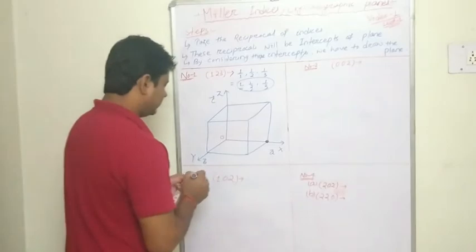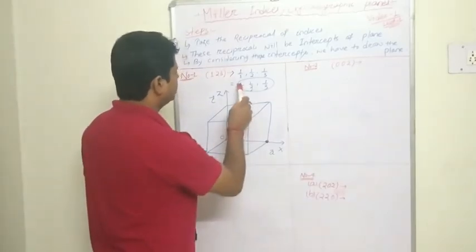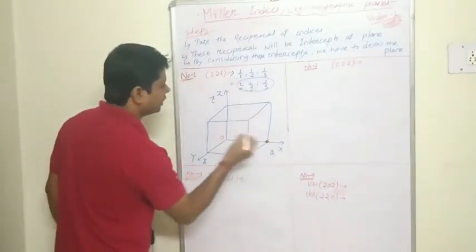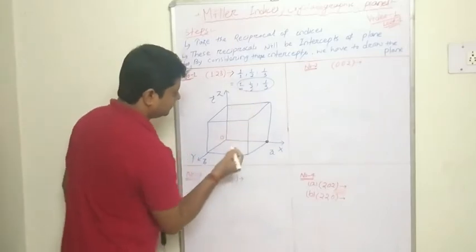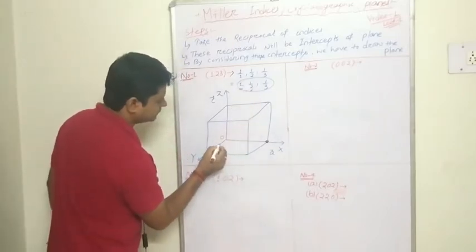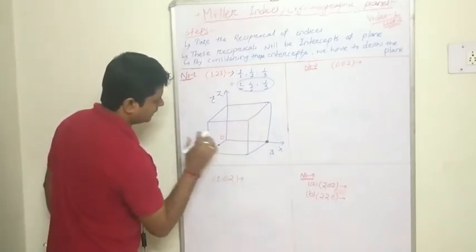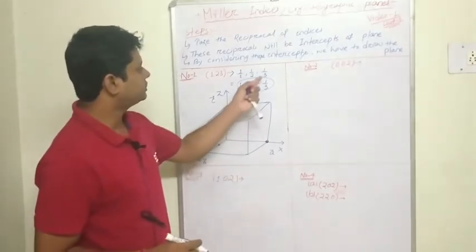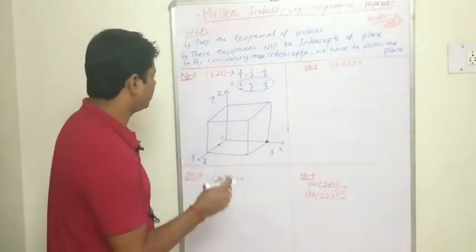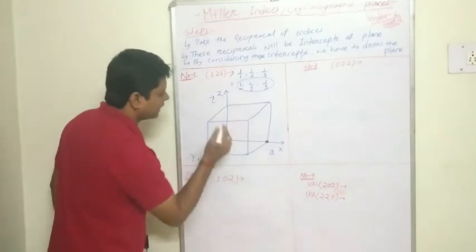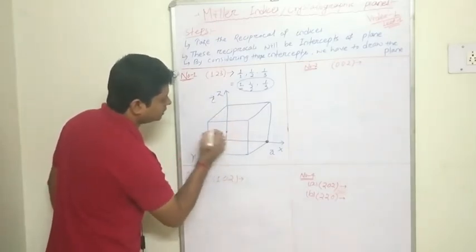For the x intercept it is 1, for the y intercept it is half, the middle of this line, and for the z intercept it is 1/3, meaning 1/3 of this line, approximately here.